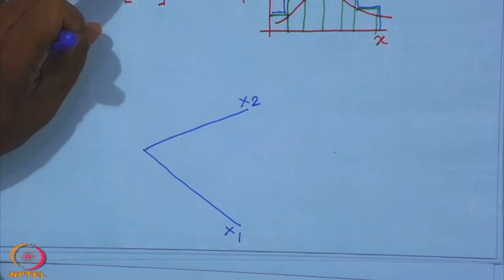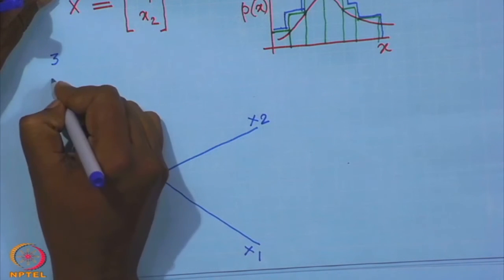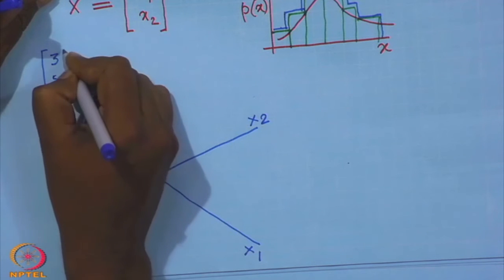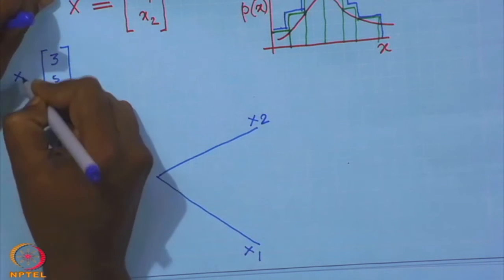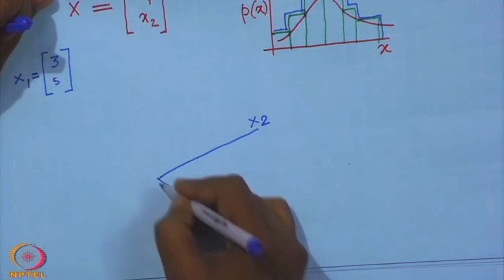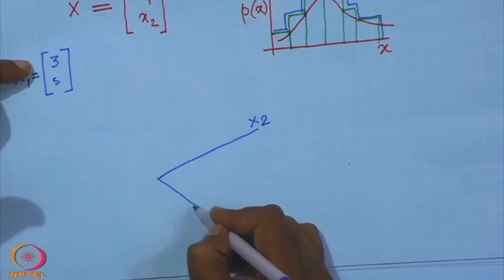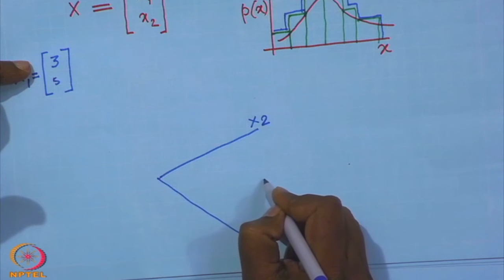And any vector has a component value x 1 and a component value x 2. So, for example, if I take a vector say 3 5, this is a vector say x 1, equal to 3 5. This particular vector is nothing but a point in my two dimensional space or two dimensional plane defined by x 1 and x 2. So, this 3 5 is a vector or a point somewhere over here.